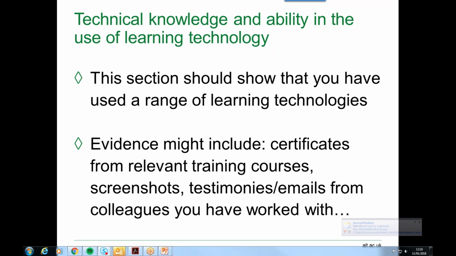So why you chose those, and then how they worked. Did they measure up to what you thought they were going to deliver? Did you therefore have to make any changes? What was the impact on your learners when you used them? So you'll still be considering those reflective questions. Throughout the portfolio, those reflective qualities do need to be evidenced, although, as you say, this section does seem to be more descriptive.